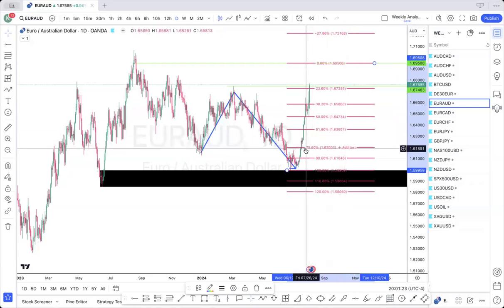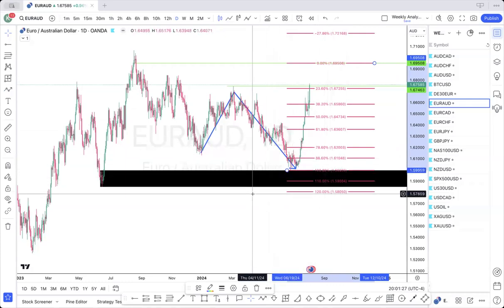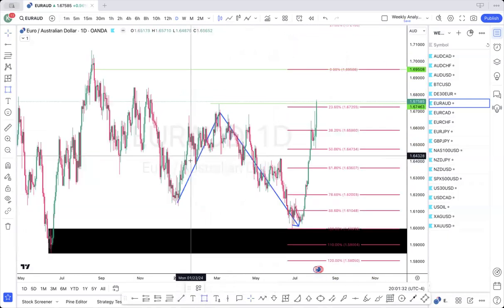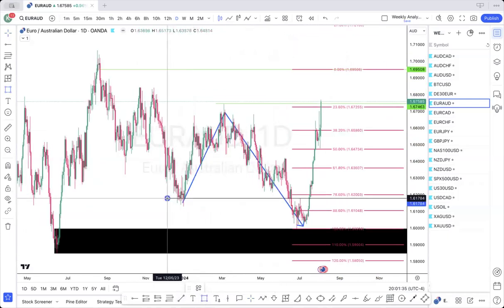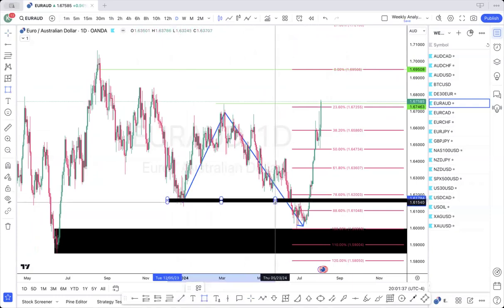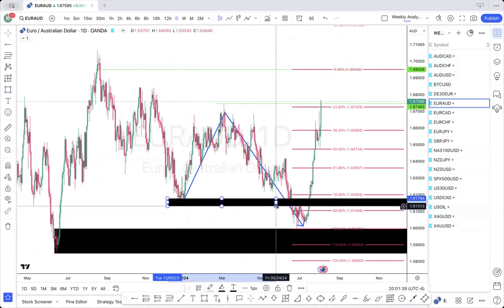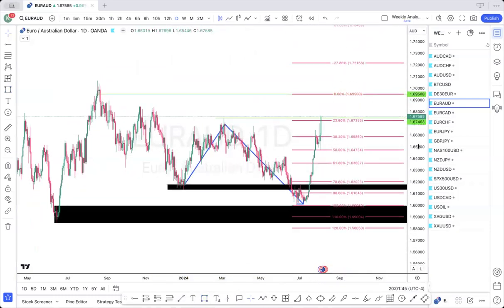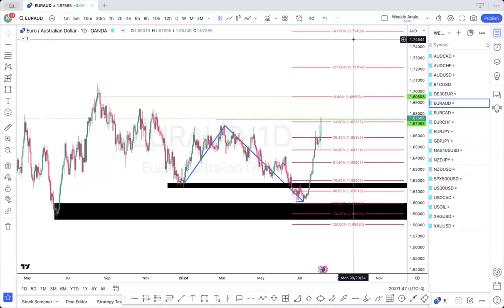You have imbalance. You have a retest of this key level here. Okay. All right. To then continue to the negative 27, 618.